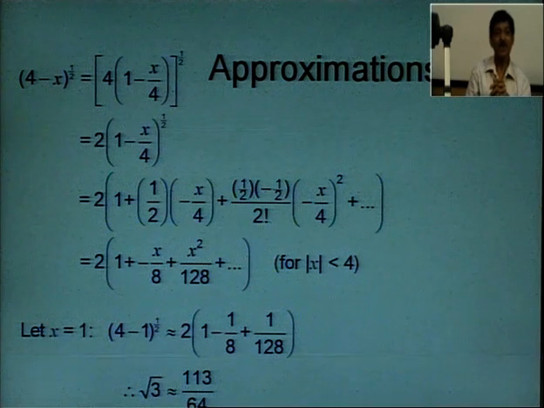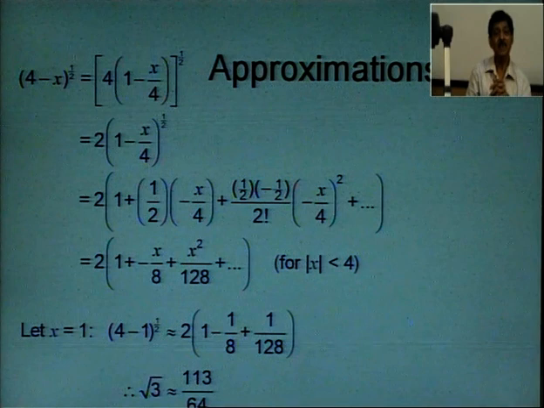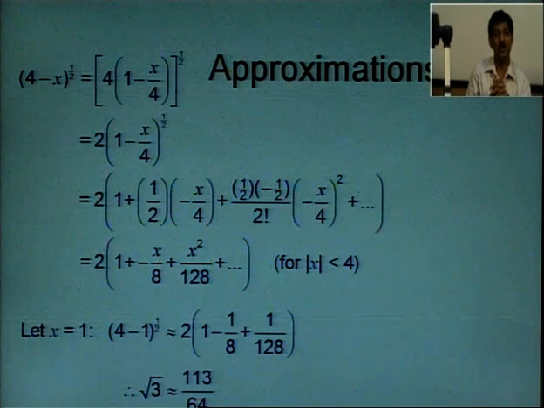I am using the binomial expansion. In this case n is half. So, I will get 2 into 1 plus n into x, that is half into minus x by 4, plus half into half minus 1 upon factorial 2, minus x upon 4 whole square, and so on.